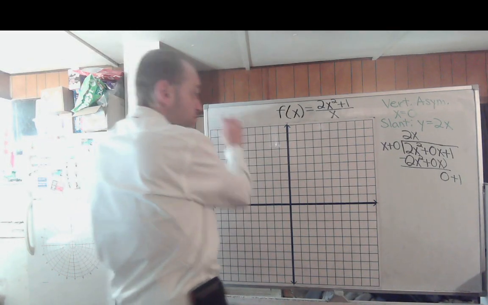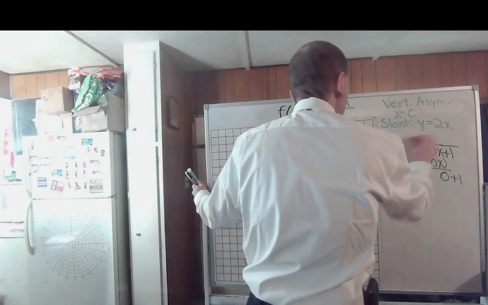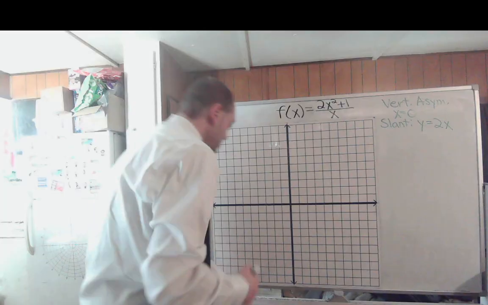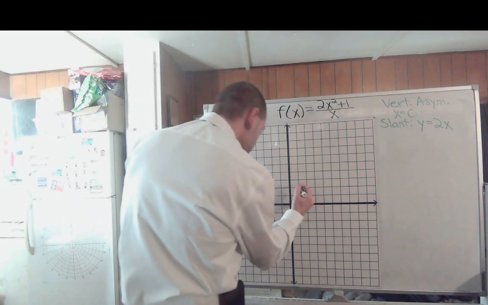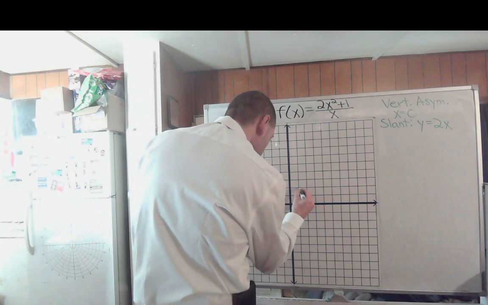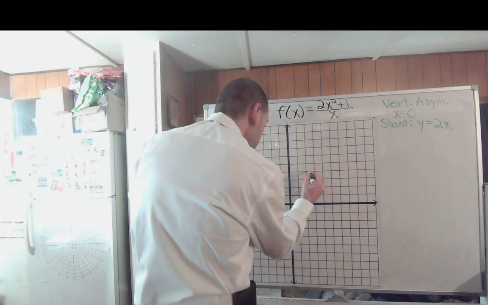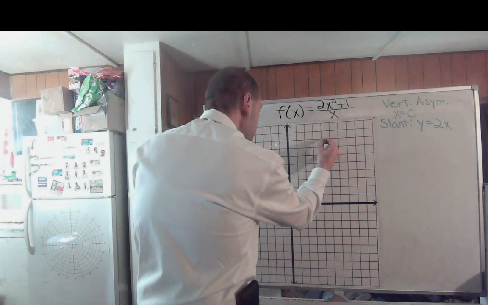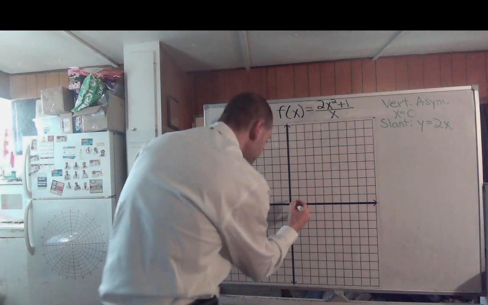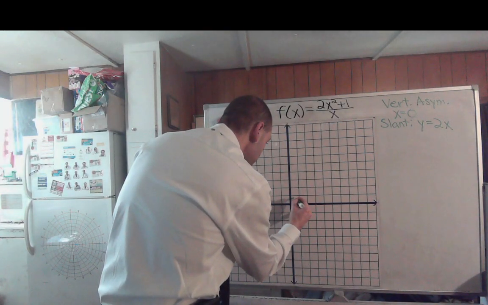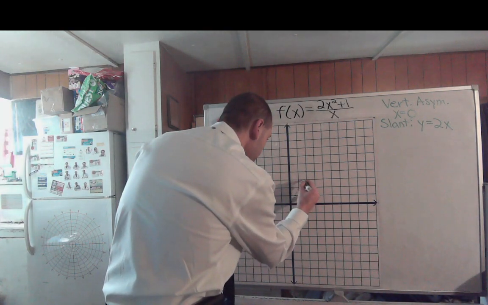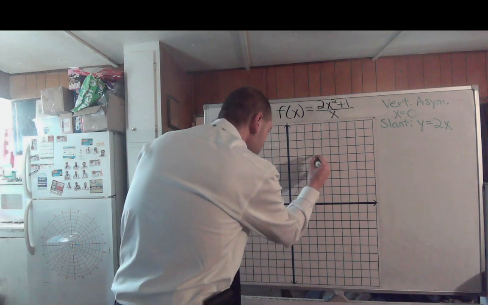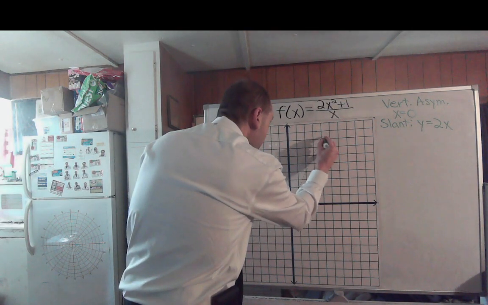So let's go ahead and plot that. That's going to make this graph very interesting. So let's see, 0, 0, 1, 2, 2, 4, 3, 6, 4, 8, 5, 10, okay. I'm just trying to carefully plot this so we get an accurate graph.